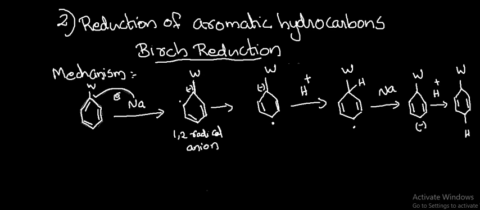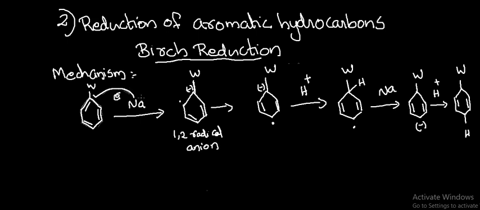Let's see the mechanism of Birch reduction in the case of electron withdrawing substituents. Here, sodium metal transfers one electron to the ipso position. Then the double bond undergoes homolysis, and here will be one electron and here will be one electron.